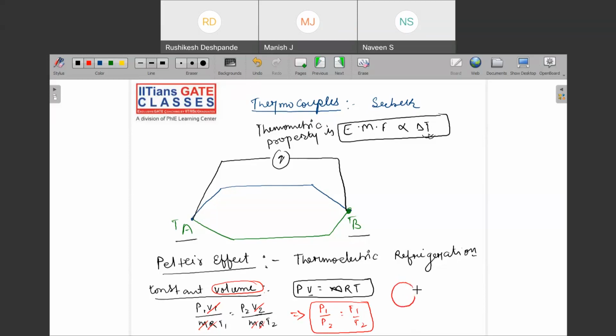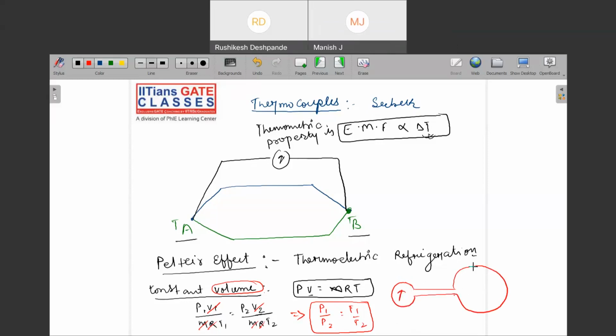There is a container with some ideal gas, and a pressure gauge which can detect changes in pressure.